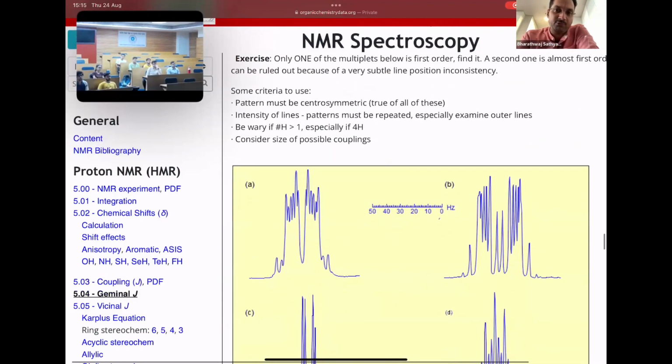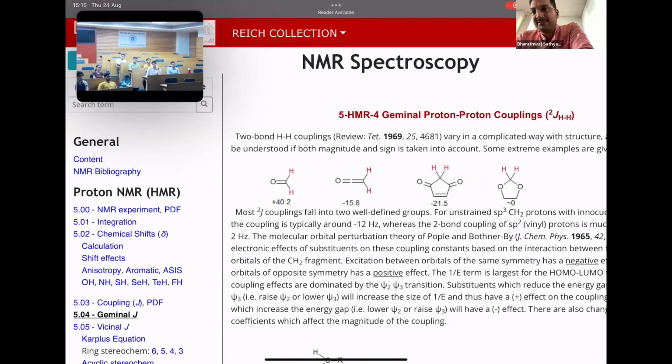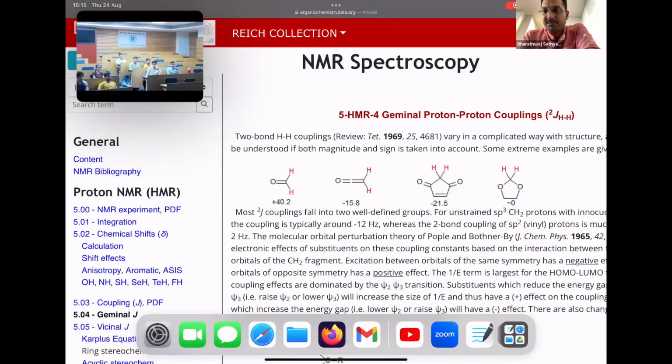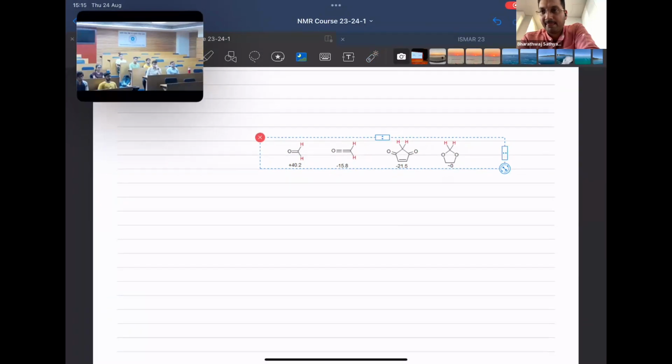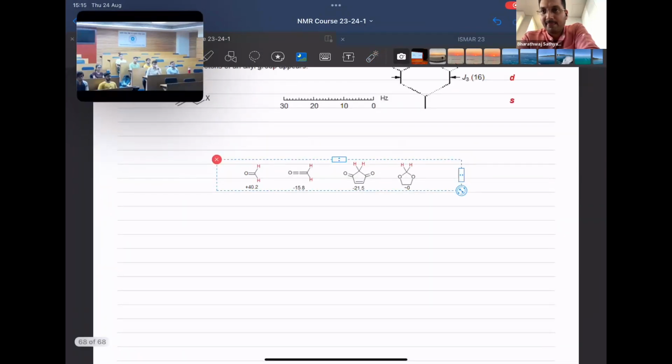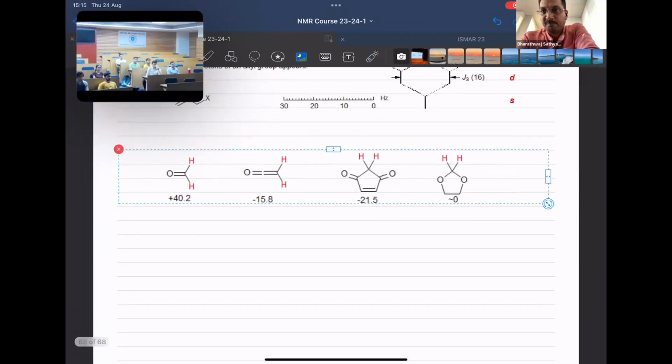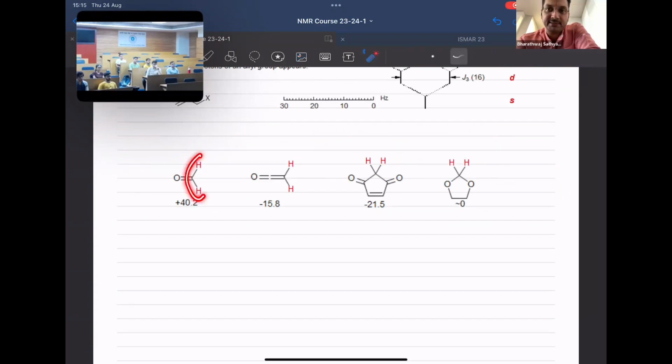So there is one person who asked, how do these values change? This is one example of it, where you're talking about a 2-bond scalar coupling. All these cases are 2JHH scalar couplings that you're trying to look at.